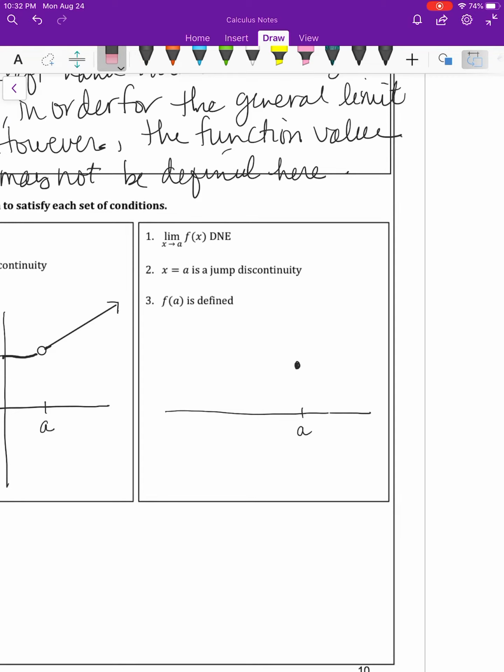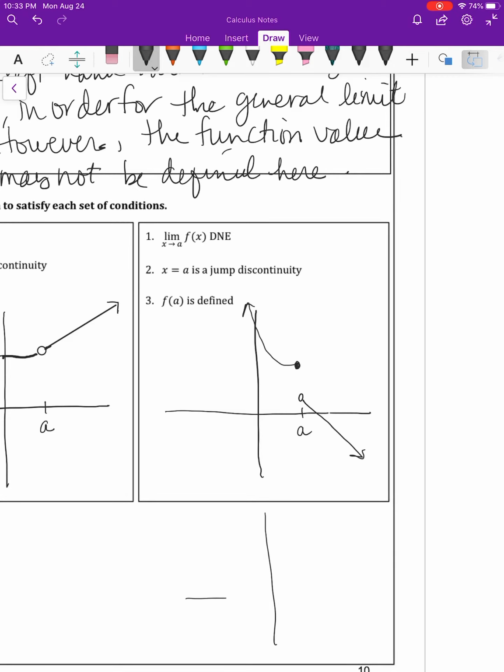It could go like that with this going like that. But it has to have a jump discontinuity, and the limit can't exist, so that means the limit from the left does not equal the limit from the right.